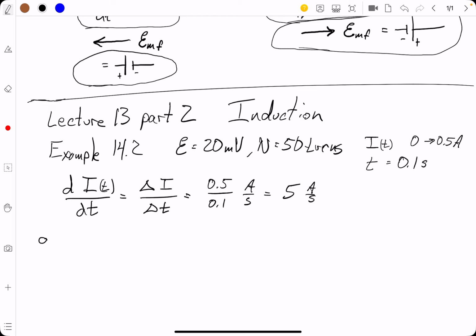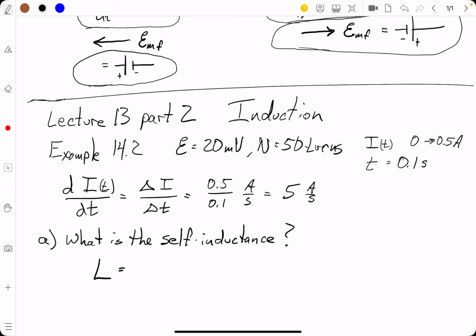We want to say, okay, A, what is our self-inductance? So we have to do that equation. Let's rewrite it.